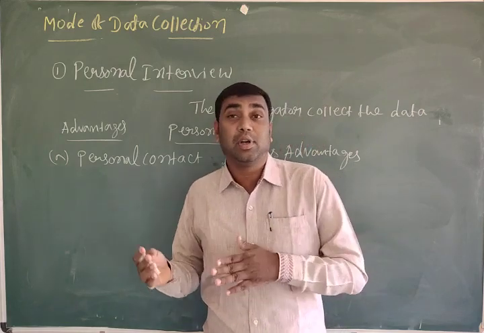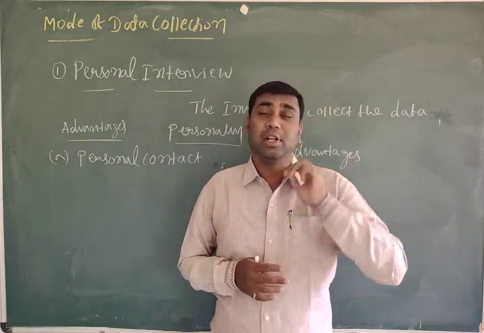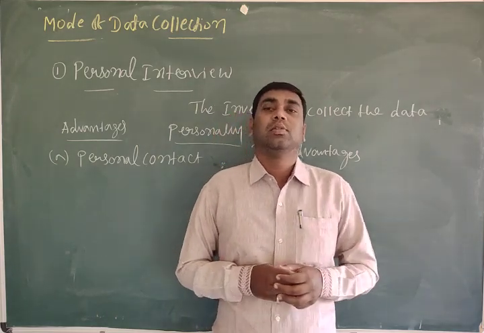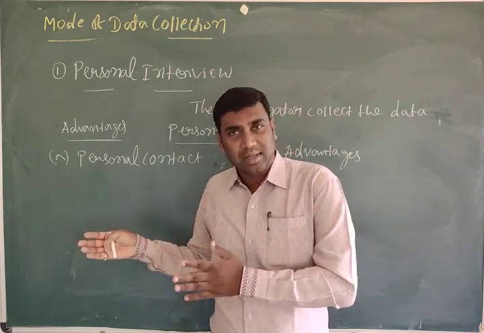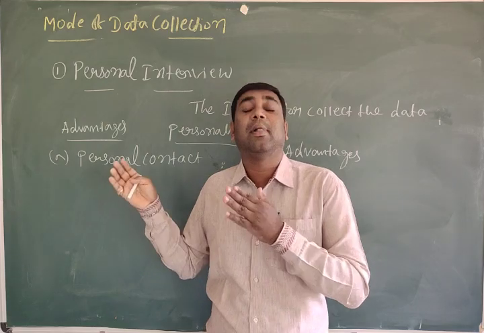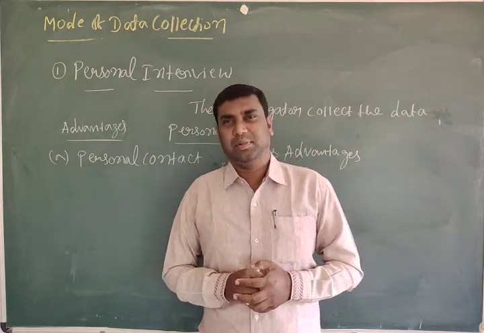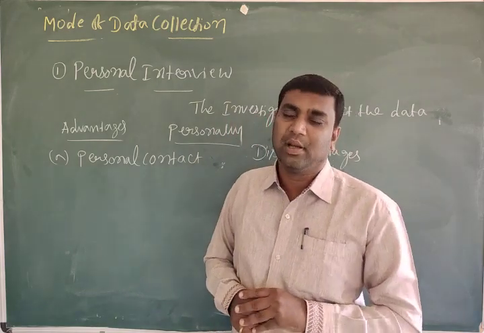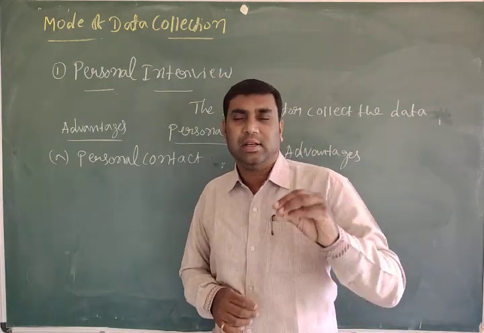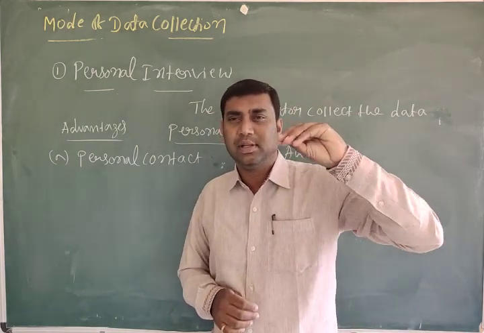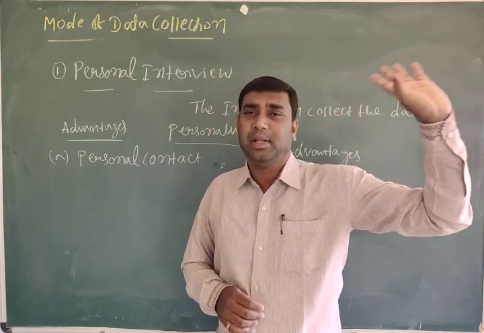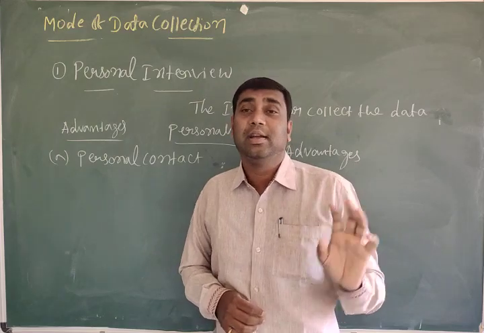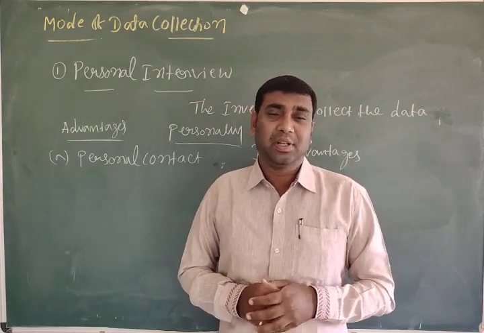The respondent may also apply a few conditions, like don't ask these questions. So there is so much risk and it is more expensive, because the investigator or enumerator compulsorily has to visit the place and meet the person directly.